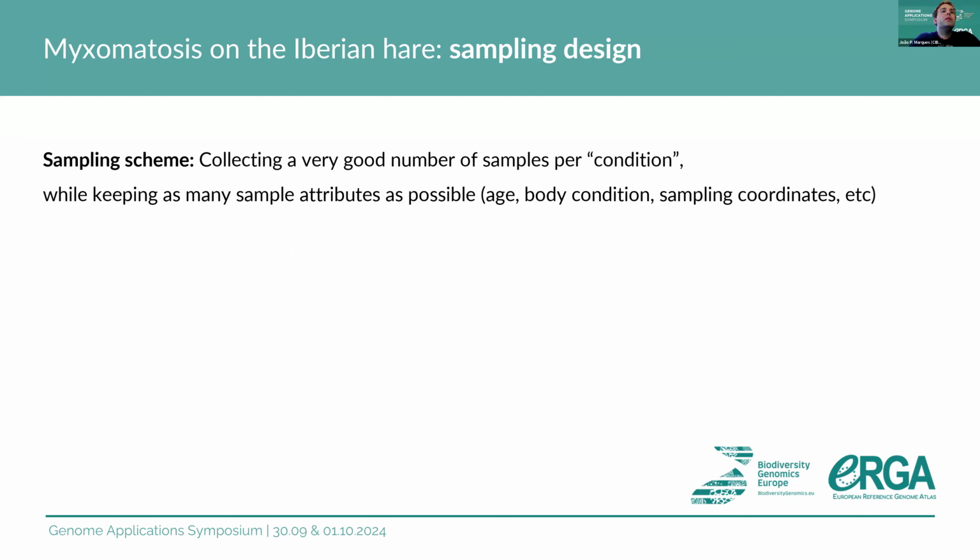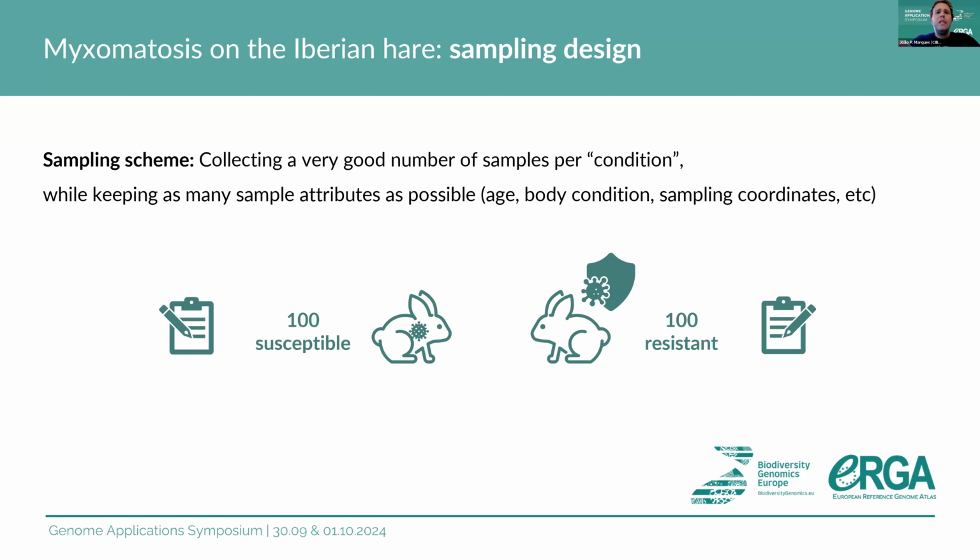In relation to the sampling scheme, it was quite easy to define, I would say. As a GWAS study or case control study, we thought that we needed a very good number of samples. So in the end we came to a number of 100 individuals per condition: 100 susceptible and 100 resistant.